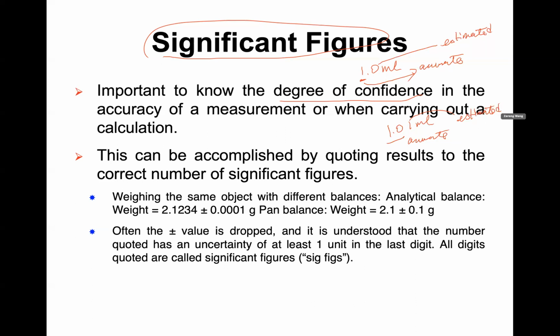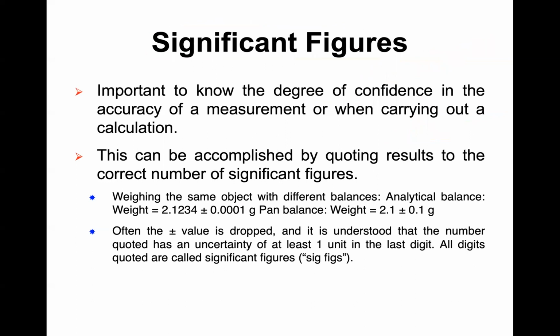So the more decimal numbers you have, the more digits, except the last one, are accurate, and that indicates a higher level of confidence about your data. We can use another example.